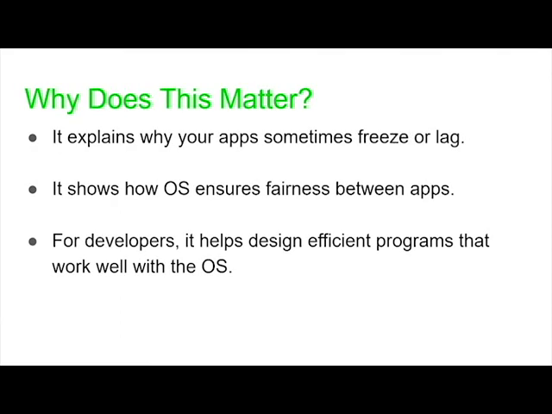So why does it matter? Understanding process management and CPU scheduling is critical because it explains why your app sometimes freezes or lags. It also shows how the OS ensures fairness between apps. For developers, it helps to design efficient programs that work well with the OS.